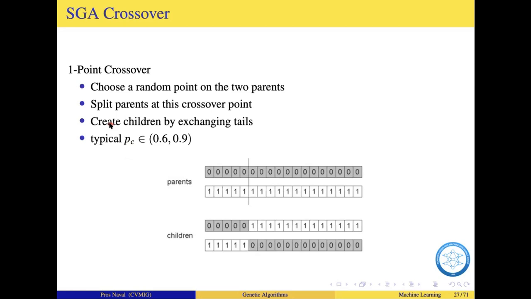The probability of 1-point crossover is between 0.6 and 0.9. So this doesn't happen all the time. You need to do that only with probability between 0.6 and 0.9.